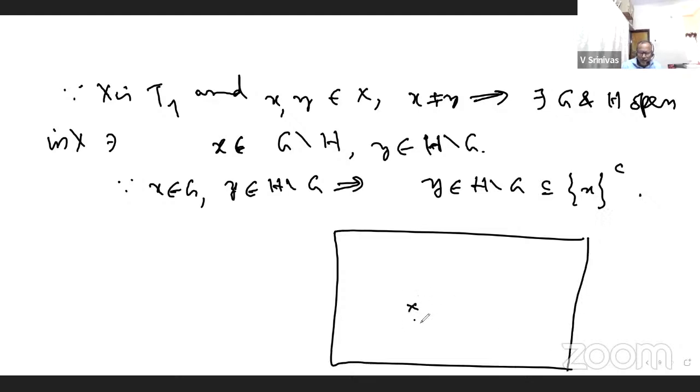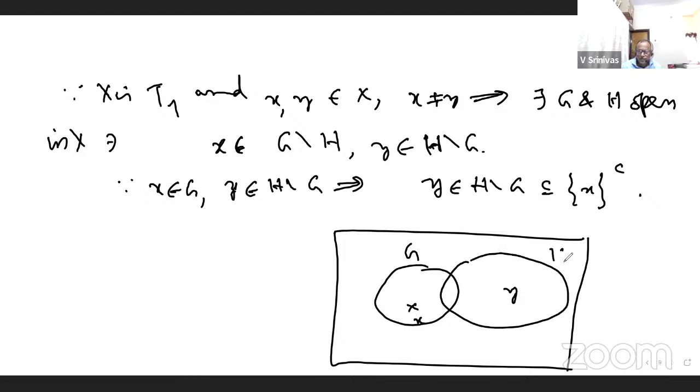This is your x and this is y, and there exists a G here. This is G and this is some H. And y is in H minus G, in this part. Y is in H minus G.